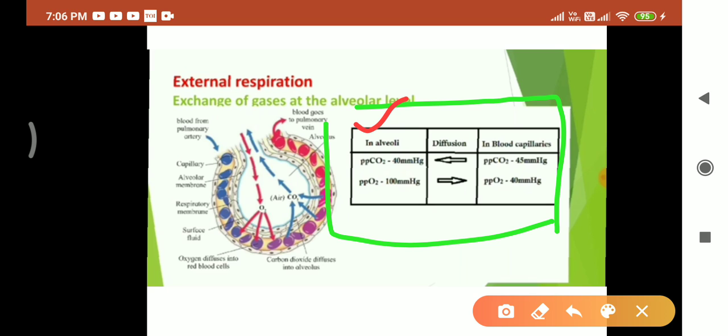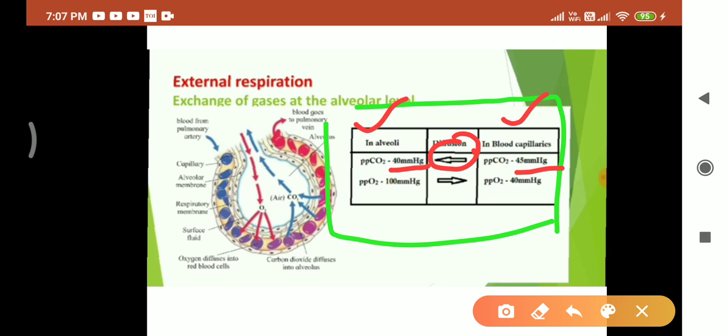The partial pressure of CO2 is 40 mmHg, and the blood capillaries have the higher value, 45 mmHg. So diffusion occurs from the blood capillaries. Concentrate on this arrow: carbon dioxide moves from blood capillaries to alveoli.